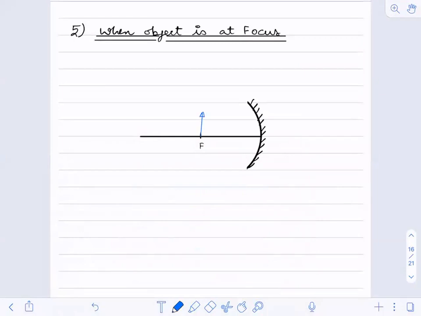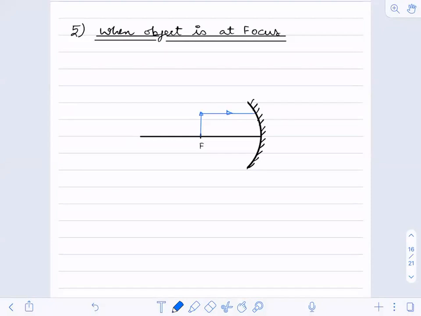This is the object. We will draw two lines again. One ray I'll draw parallel to the principal axis. Wait, this object appears to be a little tilted. Now it's straight. So one ray is parallel to the principal axis.